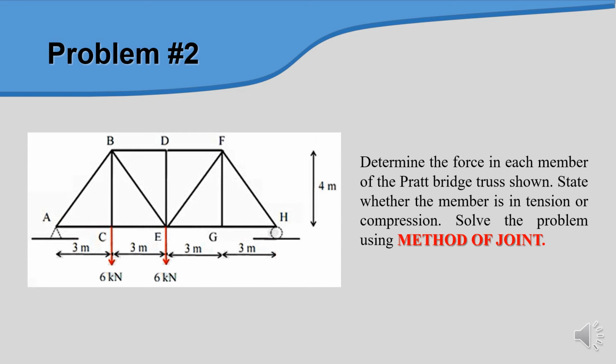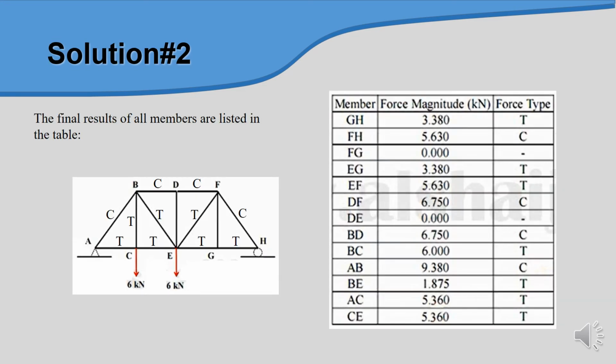Here, using the method of joints, we have 13 members, so you need to calculate all 13 members to get the value, and set whether each is tension or compression. Using this technique, it's quite tedious.